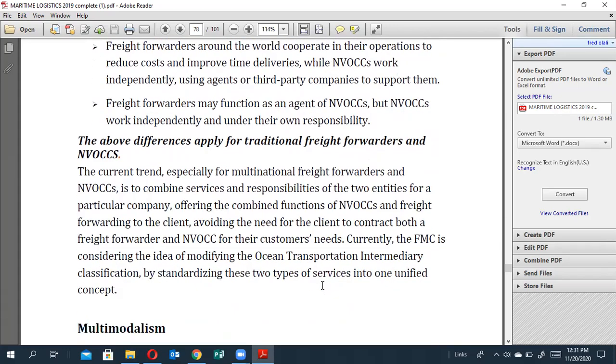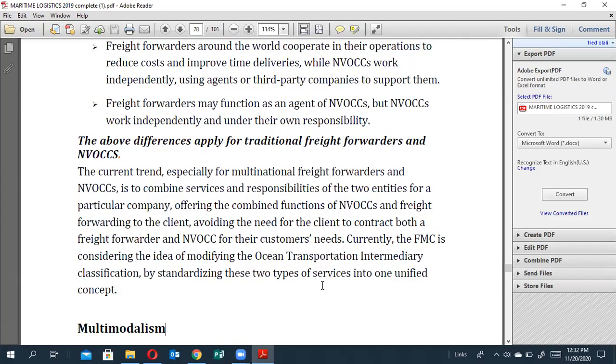Now, the above differences apply to traditional freight forwarders and NVOCCs. The current trend, as we speak, especially for multinational freight forwarders and NVOCCs, is to combine the services and responsibilities of the two entities for a particular company.